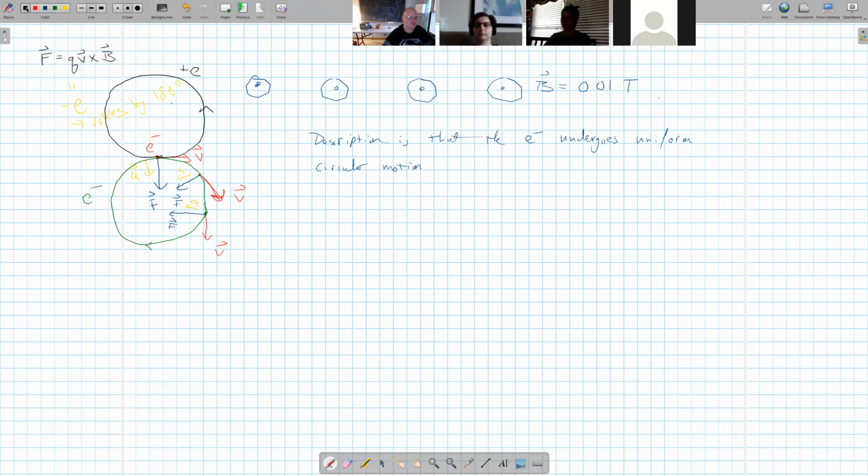Which means that this thing is going to sweep out a circle which has a radius of r. So this is our radius. So what I want to know then is, since this thing has a uniform circular motion, meaning that the velocity magnitude stays the same at all points, it just points in different directions, undergoes a circle of constant radius. So we now want to know what is the radius of the circle.